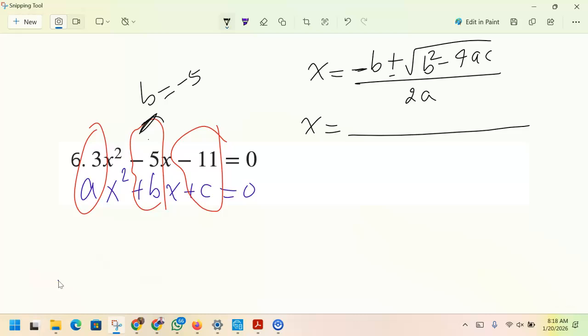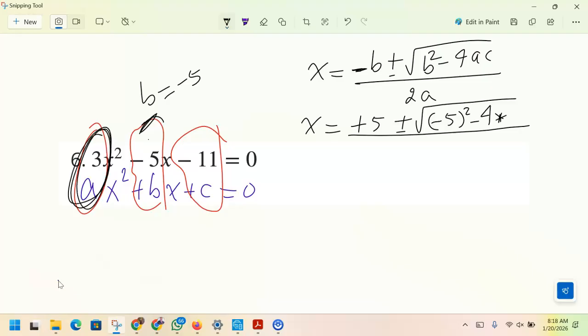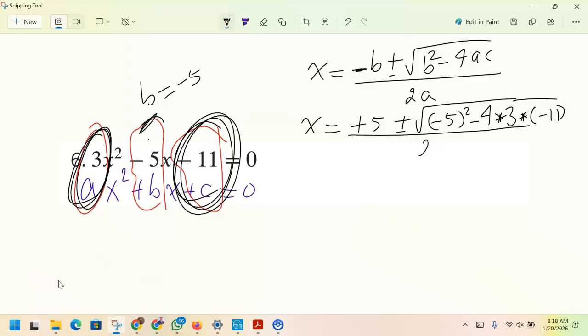Because there's already a minus here, you can just write the opposite of -5, which is +5. And then square, that is -5 squared, minus 4 times A, A is 3, so that goes here. And C is -11, so that goes right here. Then 2 times A, and A is 3, back again.